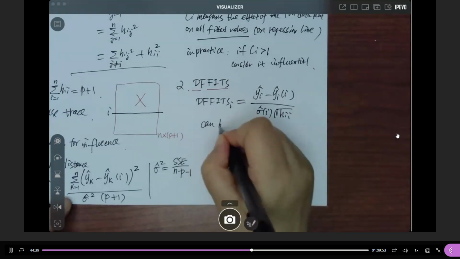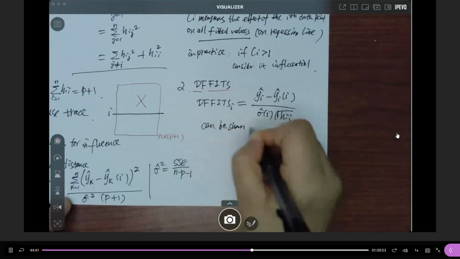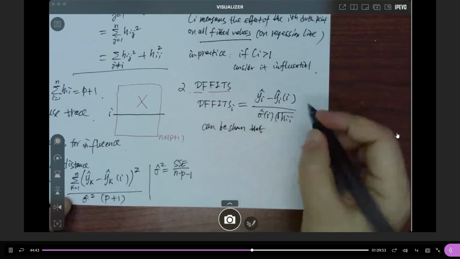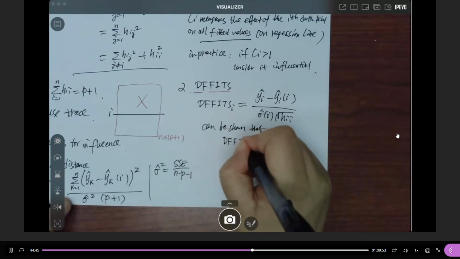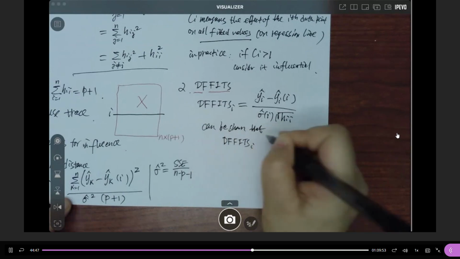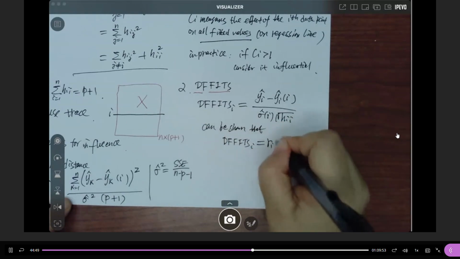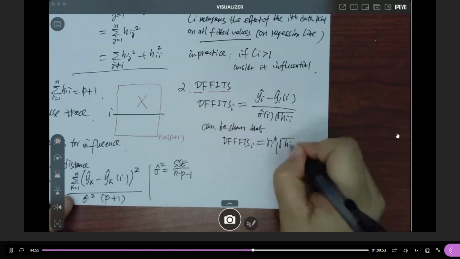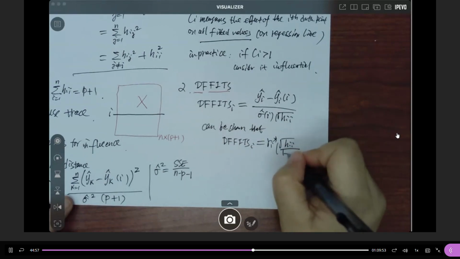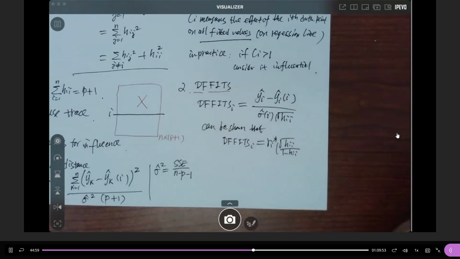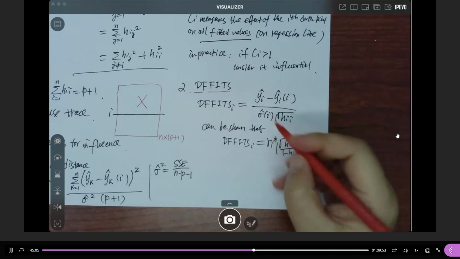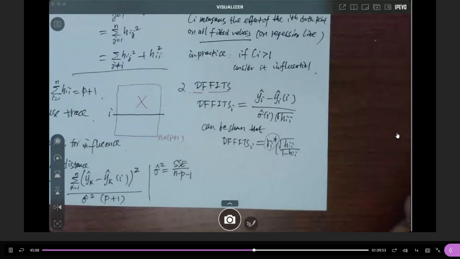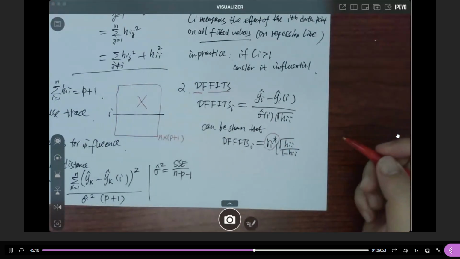It can be shown that DFFITS_i equals R_i star, as we defined earlier, times the square root of h_ii over 1 minus h_ii. So basically, it has two things multiplied together. R_i star measures what? The degree of outlierness, right?